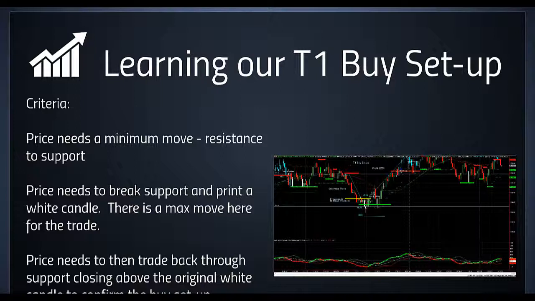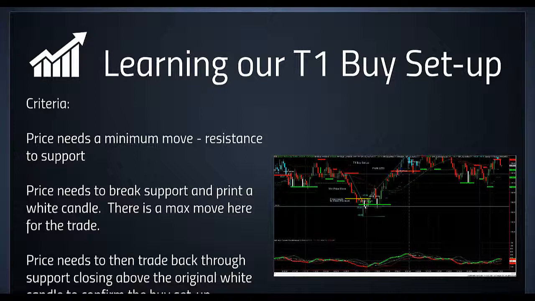Because remember, if you break support and you're getting into a short trend and a short setup on the Trend Trader, you don't really want that to move, say, 50 or 100 points, because the idea with this strategy, this F trend T1 buy, is that we're looking for trades that are a failed trend setup.